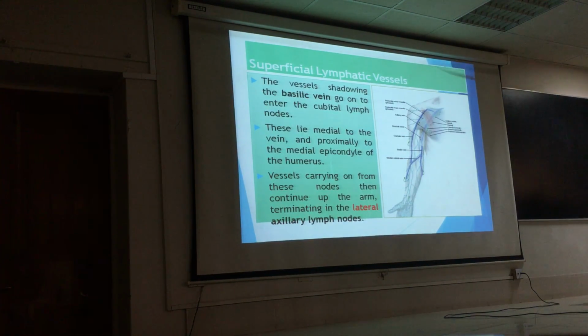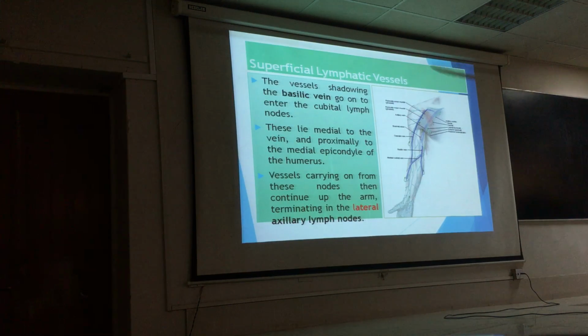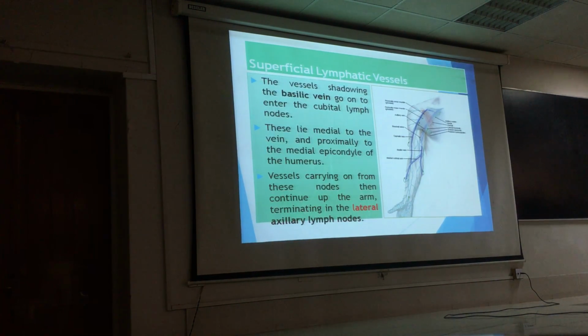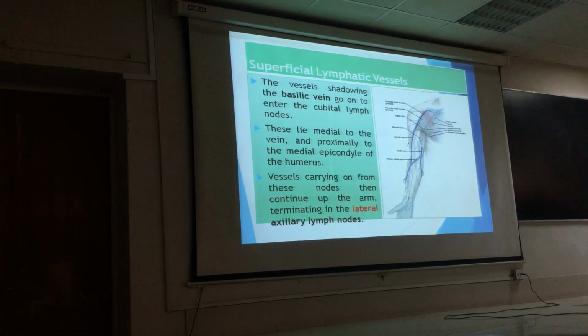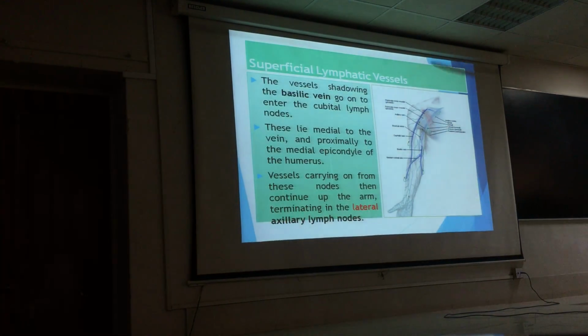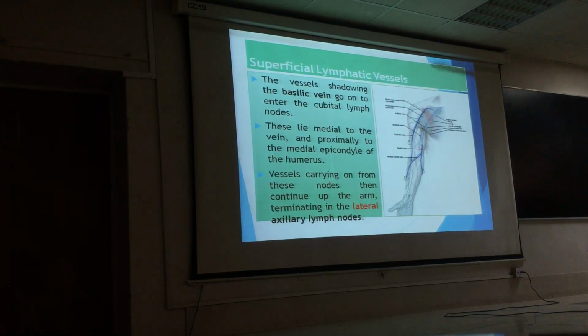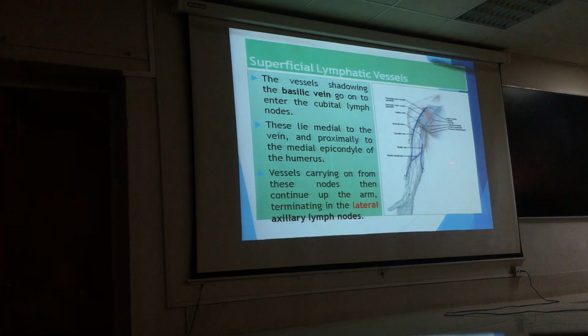The lymphatic plexus goes upwards in relation to the basilic vein and drains into the cubital lymph nodes, which are present in the cubital fossa, medial to the vein and proximal to the medial epicondyle of the humerus.